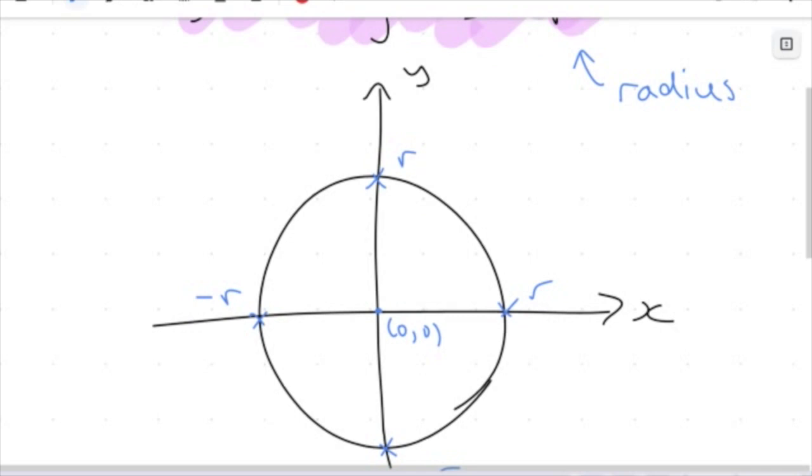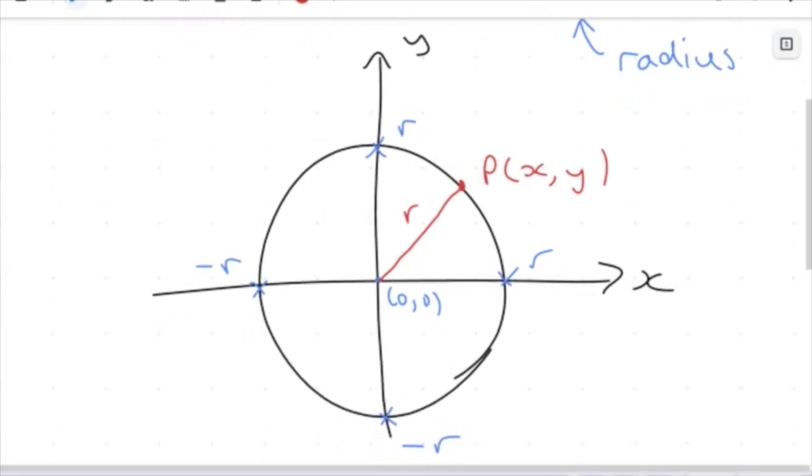Now, let's say we drew a line from the center out to some point P, and it has some coordinates x, y. We have this particular point here, and stretching from the middle out to the border, that gives me again my radius of r.